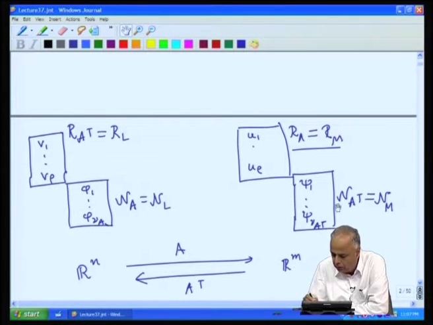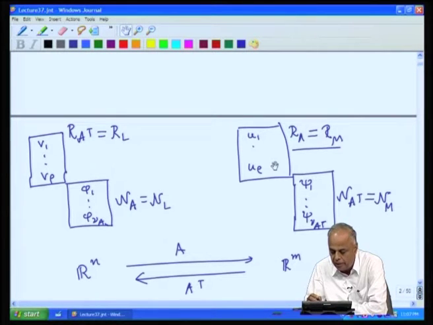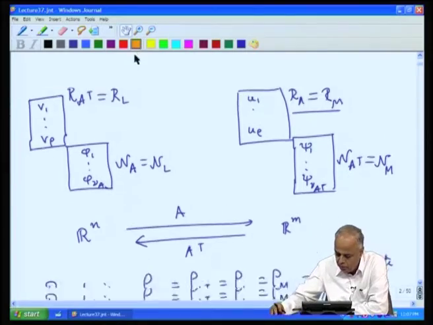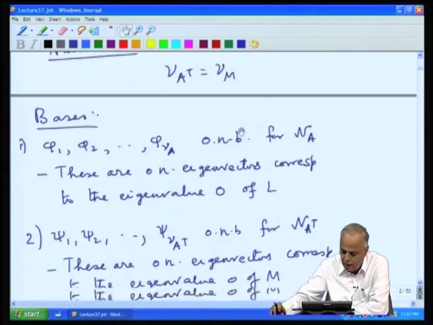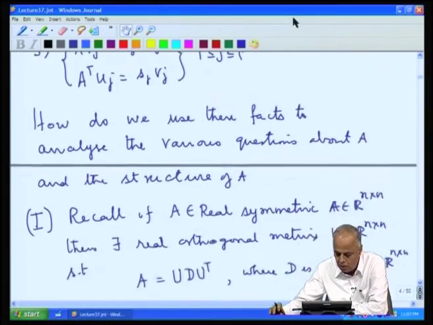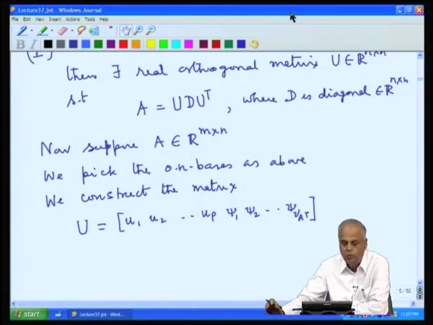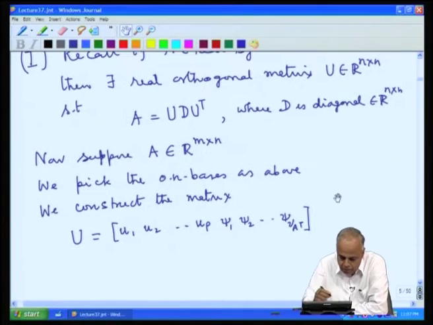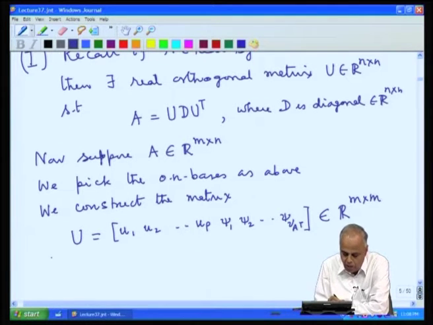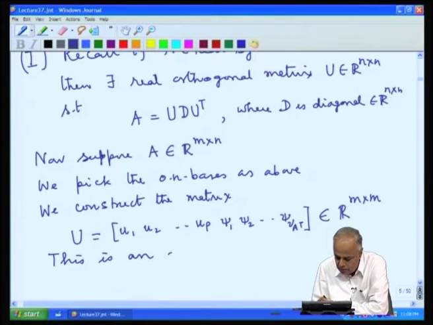Together all these form a basis, each one of them is an m component vector, we have m of them, and we put them all together into this matrix U. So, this is an m by m matrix.